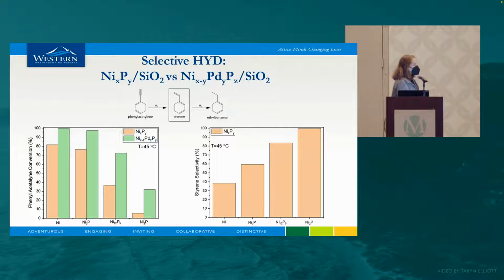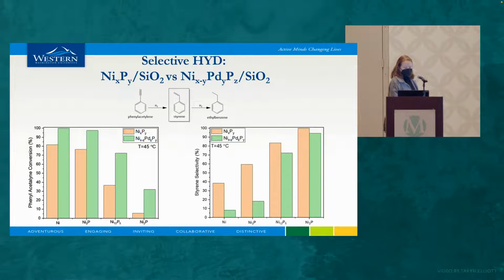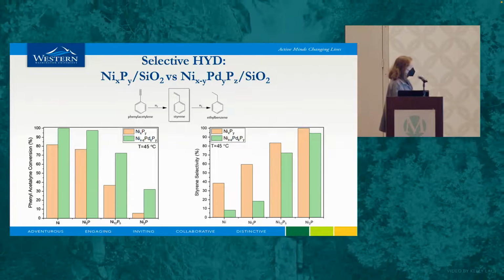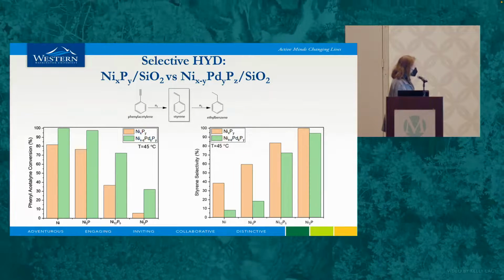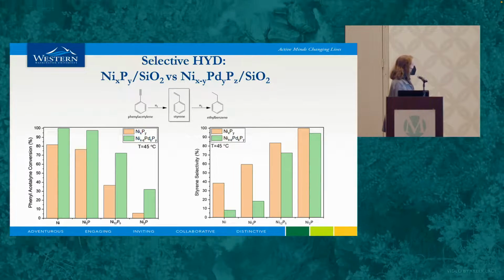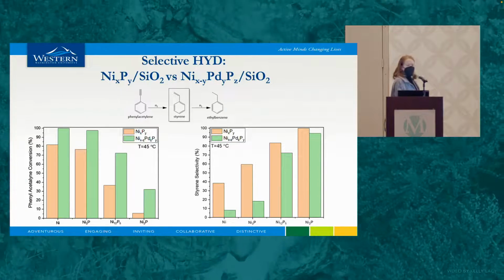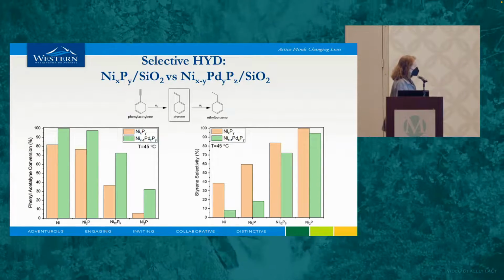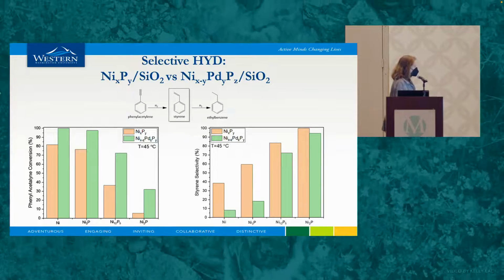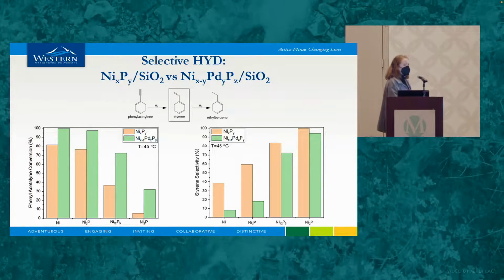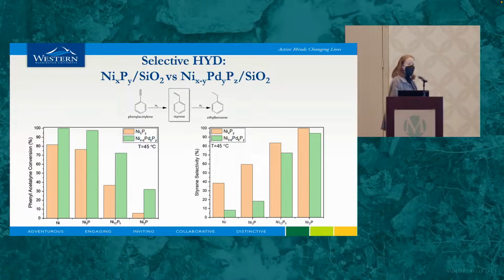But our more phosphorus-rich phases, Ni12P5 and Ni2P, see much bigger gains in conversion compared to what they originally were. If we look at our selectivity, the phases that had only a little bit of a boost in conversion had the biggest drop-off in selectivity, and the phases that had the biggest boost in conversion only saw marginal damage to their selectivity.